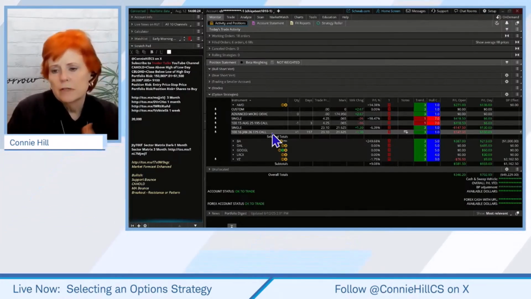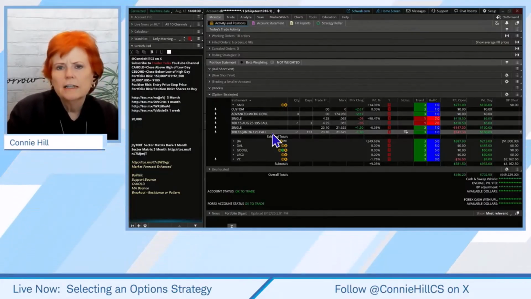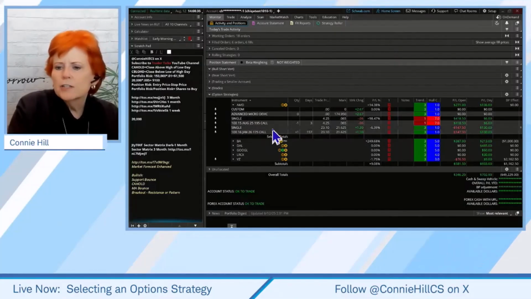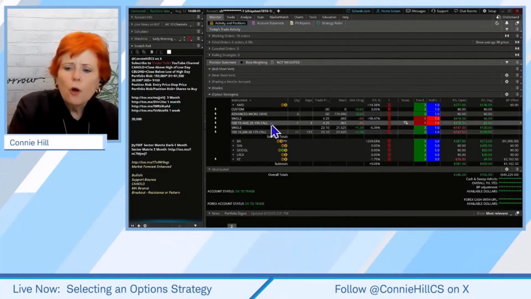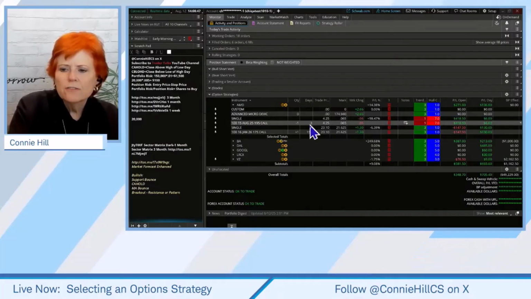If you want to extend the trade and it's been working for you, that's what you might do: go further out in the duration of the trade, and generally you end up with different strike prices. We are long this one, and we sold against it this August 195 call that expires on Friday. So it's only got 3 days to go.